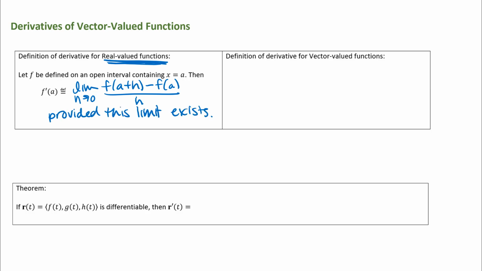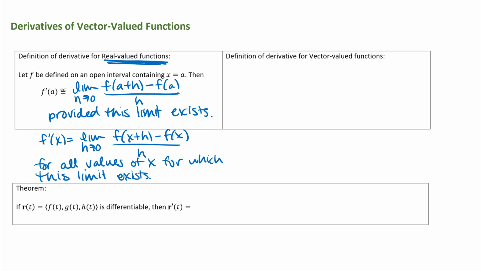And sometimes we think about defining the derivative for all values of x for which this exists, and so you might write this limit with x instead of a. So here I have the definition written as a generic definition, the derivative of the function at all values of x for which that derivative exists.